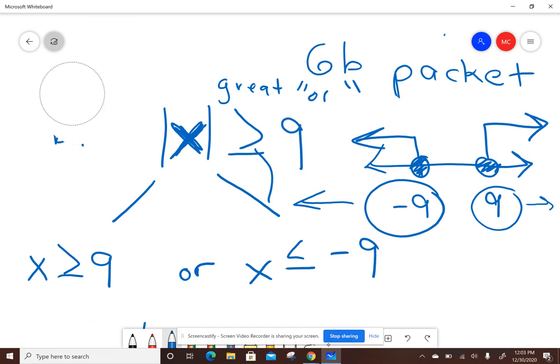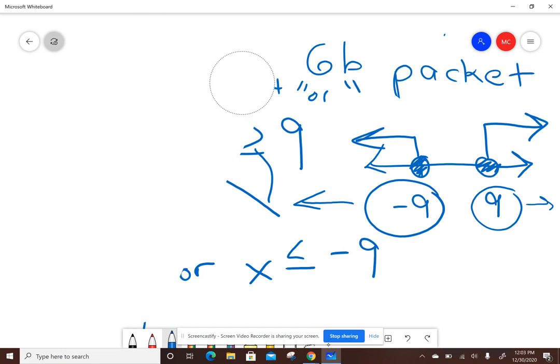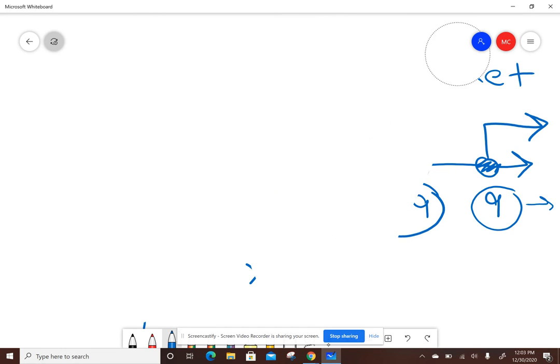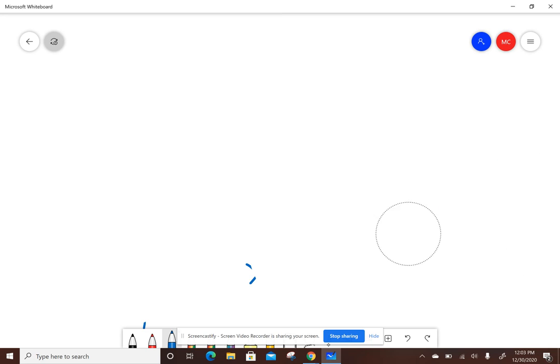Okay, so now let's look at the rule that it gives us on page 32. It says the inequality absolute value of ax plus b is less than c, where c is greater than 0, is equivalent to the compound inequality.